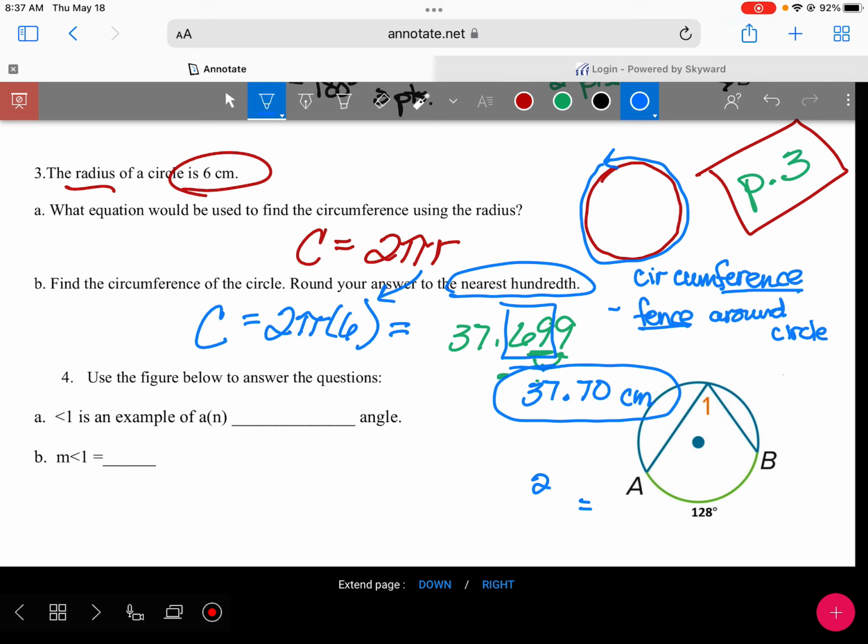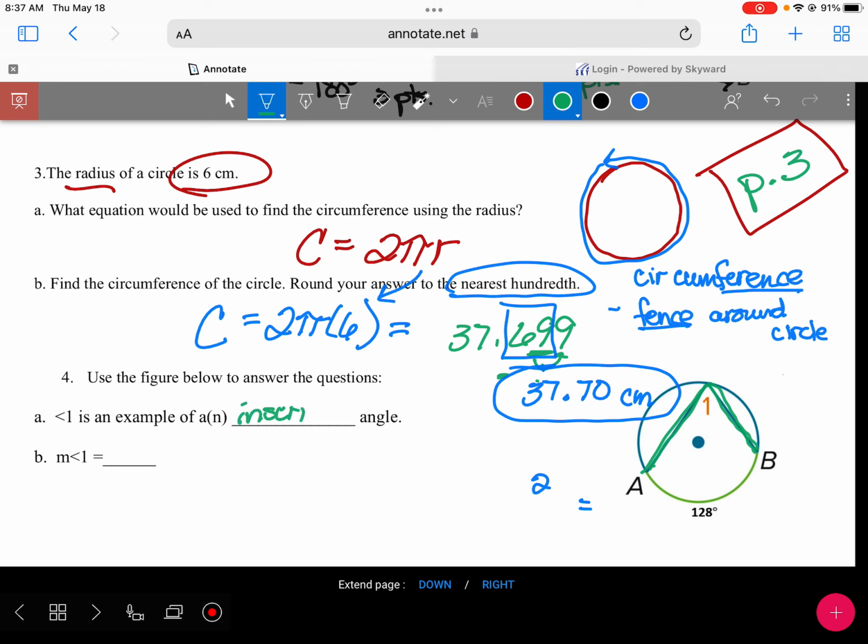Okay, you guys would really make my day if you can get number 4 correct. So number 4A says that angle 1 over here is a type of what kind of angle? Inscribed. Okay, we've got 1 for 1.